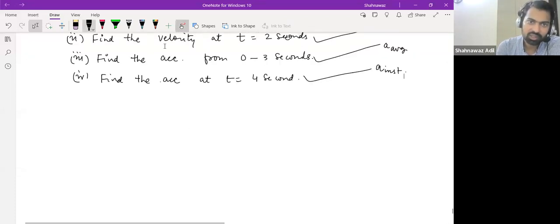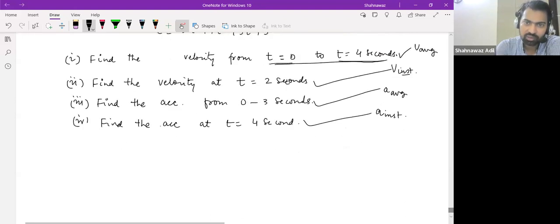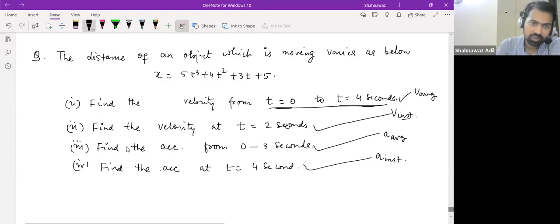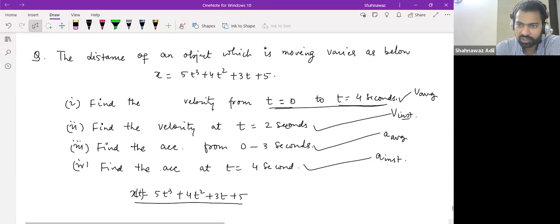What was the form? x is 5t cubed plus 4t square plus 3t plus 5. This is right. And to calculate the average velocity, what will we calculate?